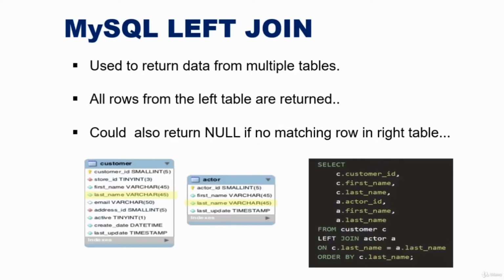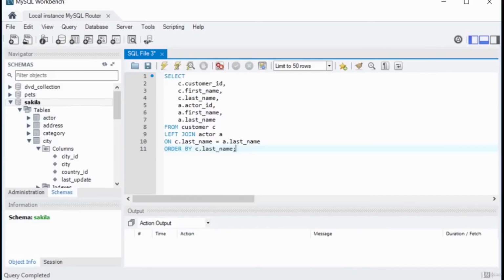And then we are getting the data from the customer table, and we're doing a left join on the actor table. The fields we're joining are the last name from the customer table and the last name of the actor table, and then we're going to order the result using the order by clause. I'm going to order it by the last name.